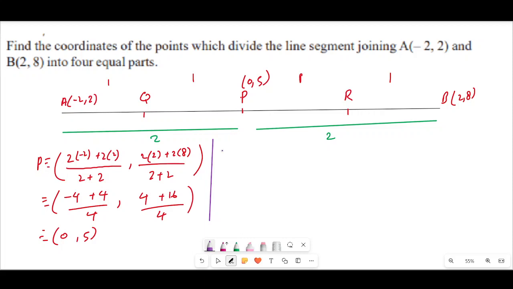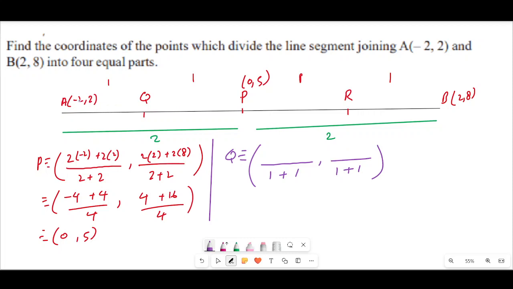Now for Q, the ratio will be 1:1. For Q, both ratios are the same, means 1 plus 1, 1 plus 1.